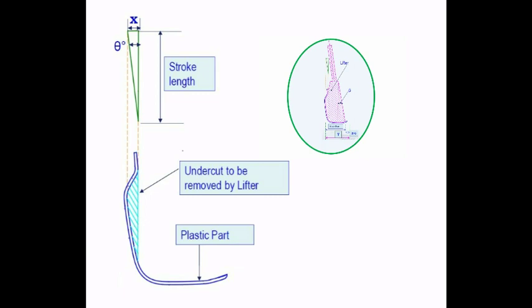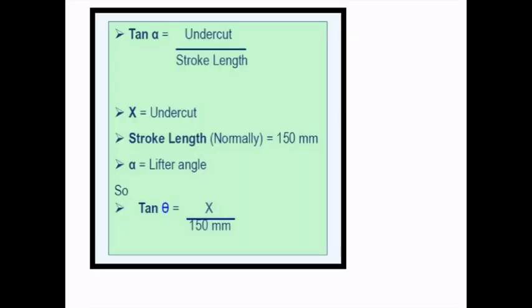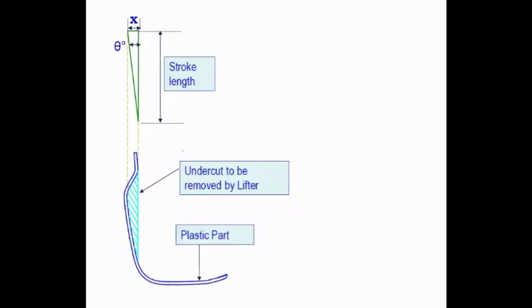Now in the figure we can see tan alpha is equal to the undercut upon the stroke length. We can see the part to be filled by the undercut to be removed by the lifter. So X is the undercut, then the stroke length.